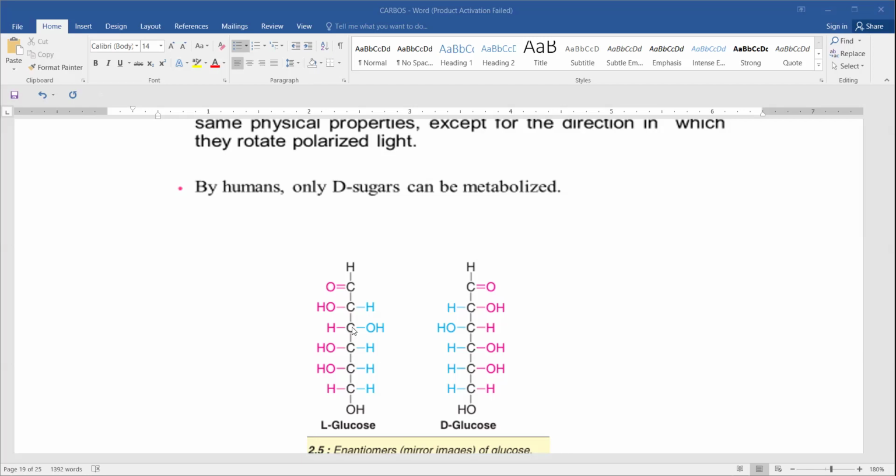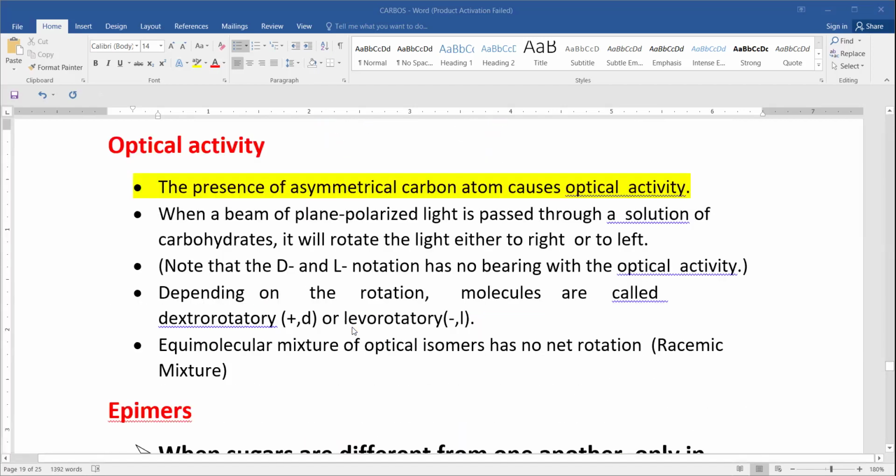They are called enantiomers. And then optical activity. If plane polarized light is passed through a carbohydrate solution and it rotates the plane polarized light to the right side, that is dextrorotatory optical activity.